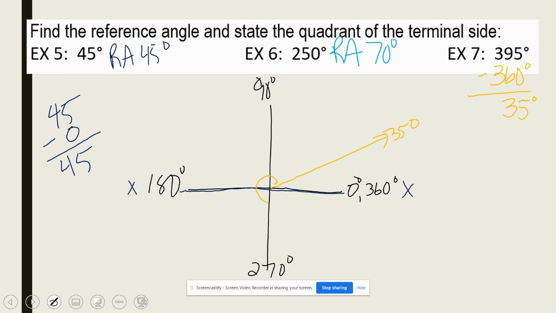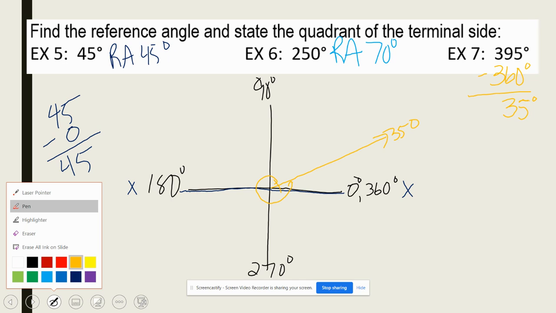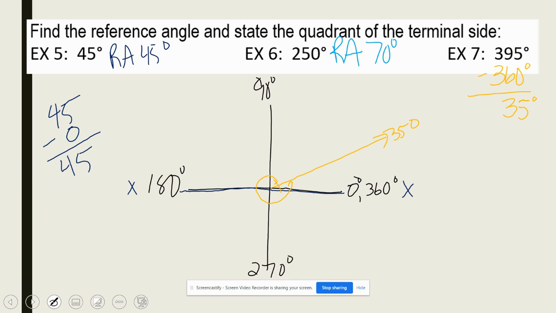So we go all the way around and then to 35 degrees. Our nearest x-axis is going to be here at 0. Theta is going to be tucked in that little itty-bitty corner there, always touching the origin, always touching the x-axis.